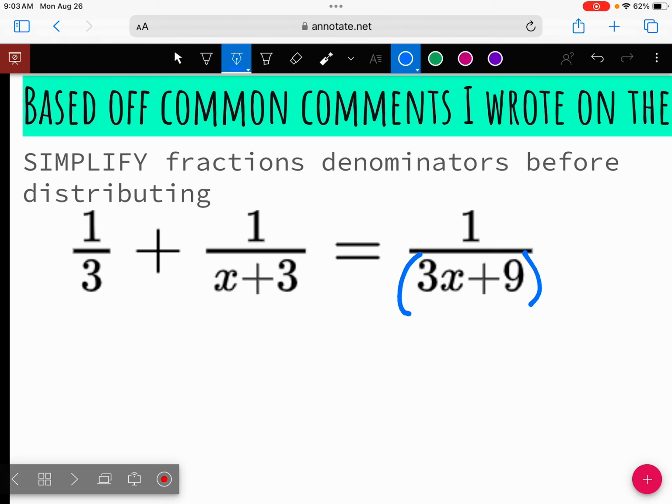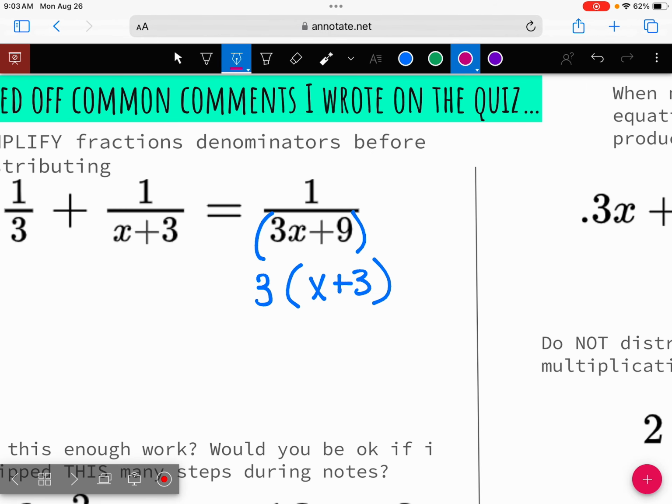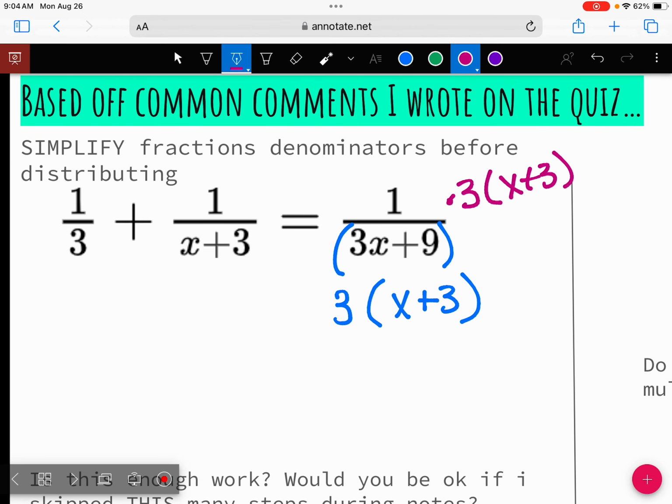It has a GCF of 3. 3 times x plus 3. So when we're multiplying by that least common denominator, we only need to multiply by 3 times x plus 3. We did not need to wind up with a quadratic on this one. So those of you that wound up having a factor on this piece, you went the hard way.